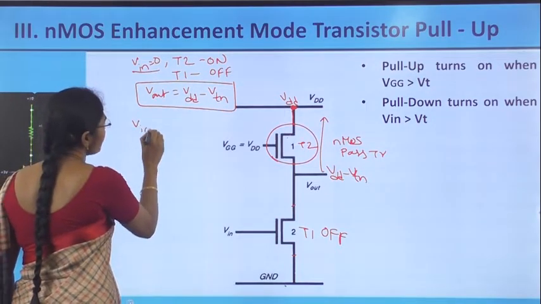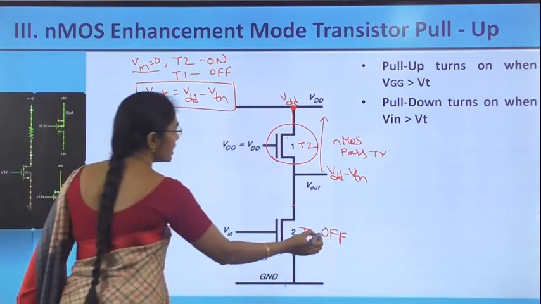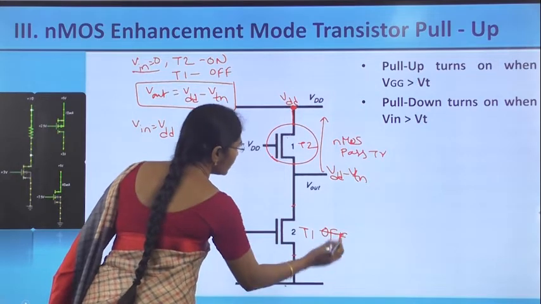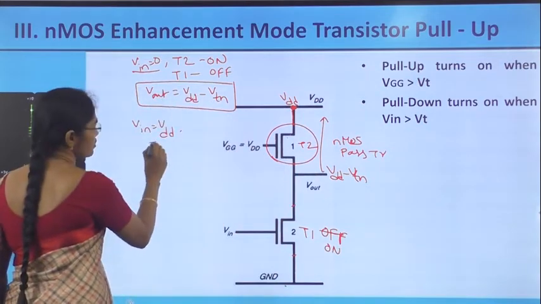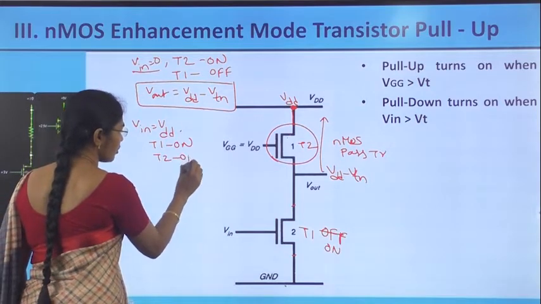Now let us take the Vn equal to VDD case. Now what will happen? T1 is going to be switched on and T2 is anyway switched on. So T1 is on and T2 is also on.